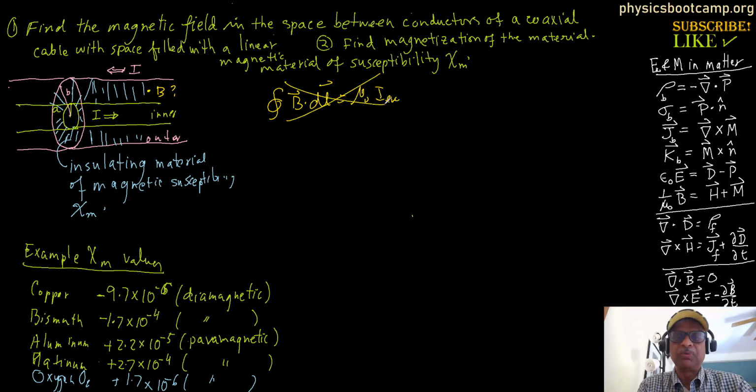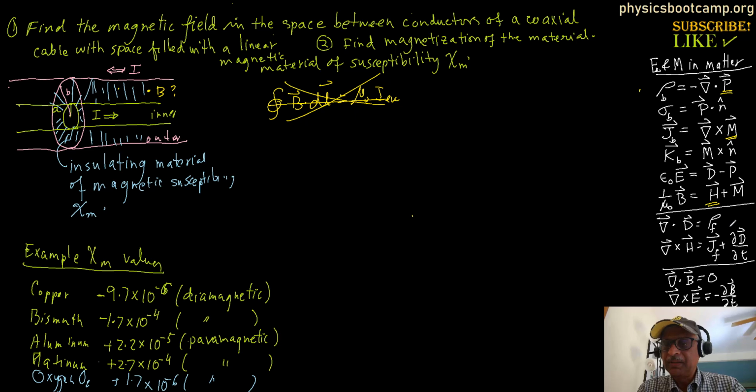This is not correct anymore. The material will be magnetized, so the correct law can be written in terms of H. Instead of B, you write H, and that takes into account whatever the magnetization is.